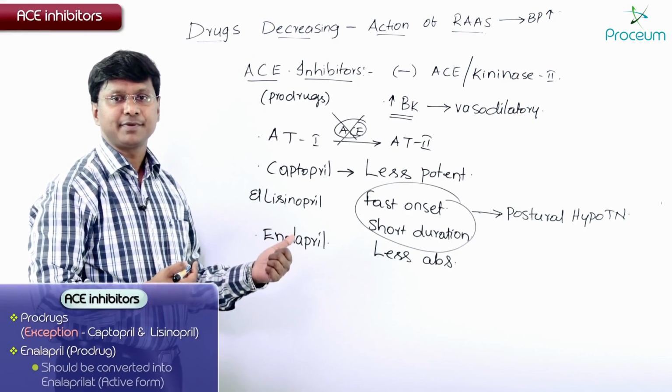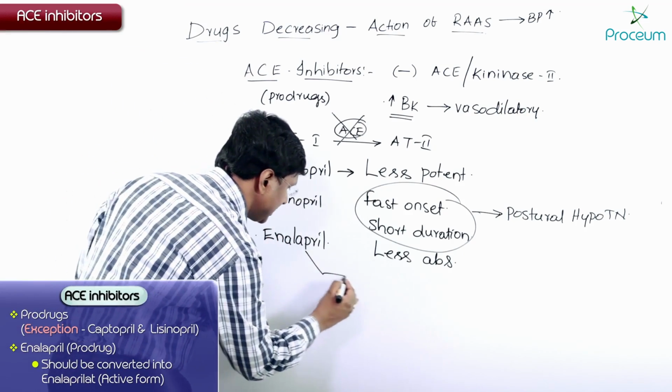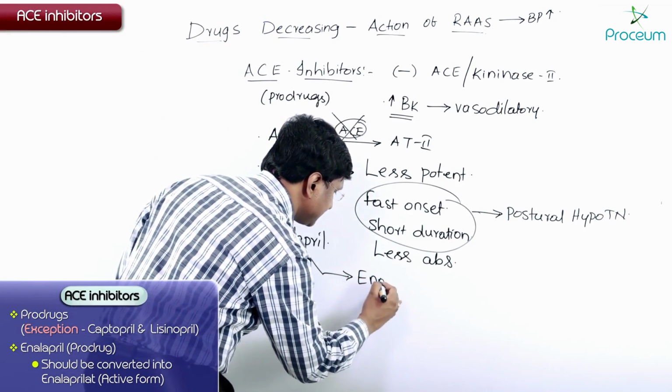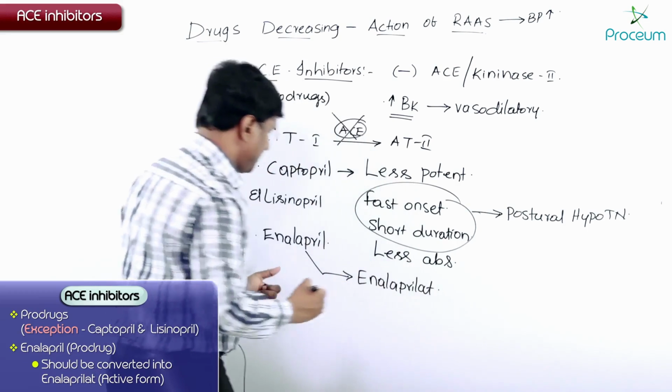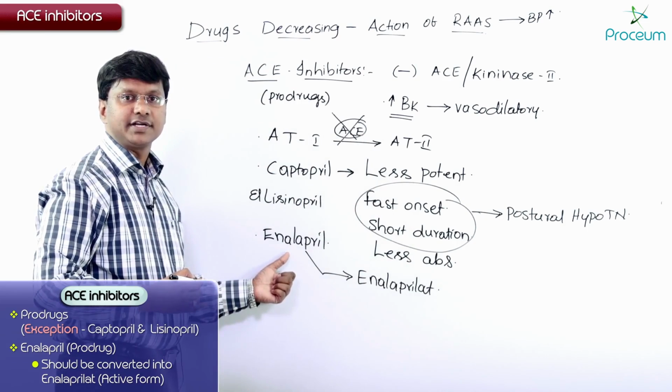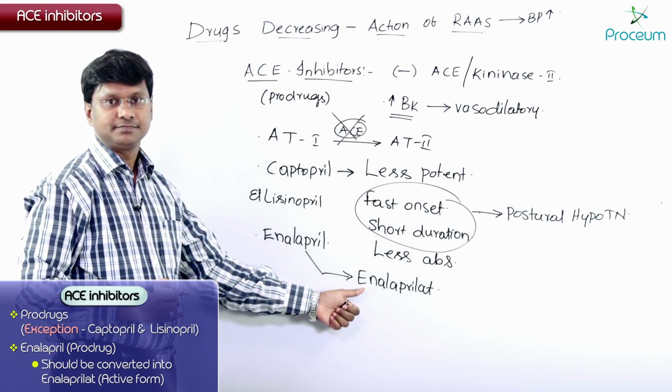Enalapril has to be converted to its active metabolite, which is called enalaprilate.